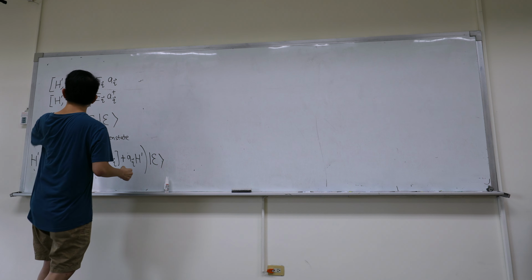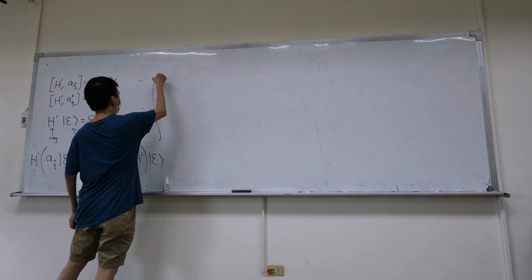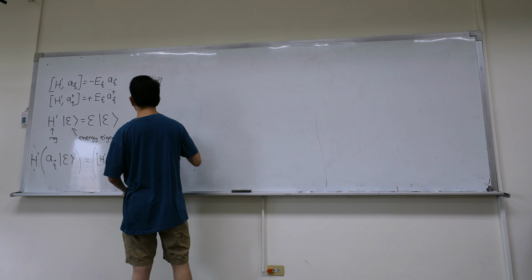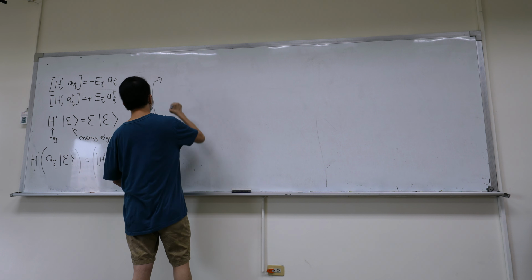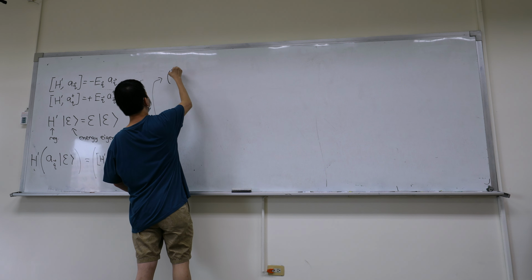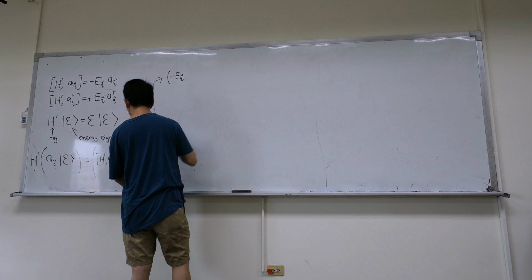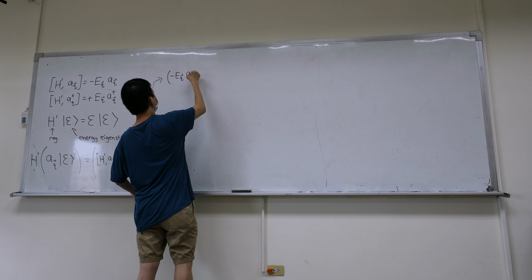And this is where we use the commutation relations. What that gives me is that I will now have minus e_q and then a_q.